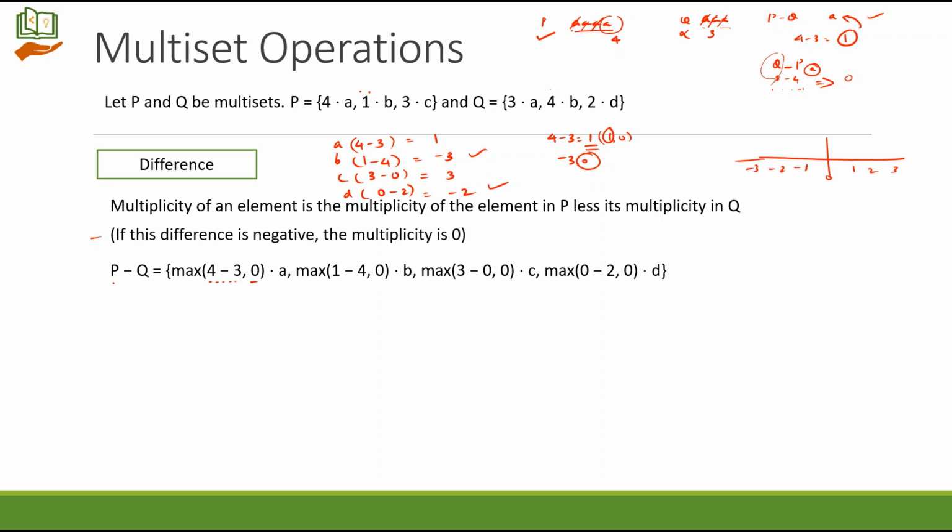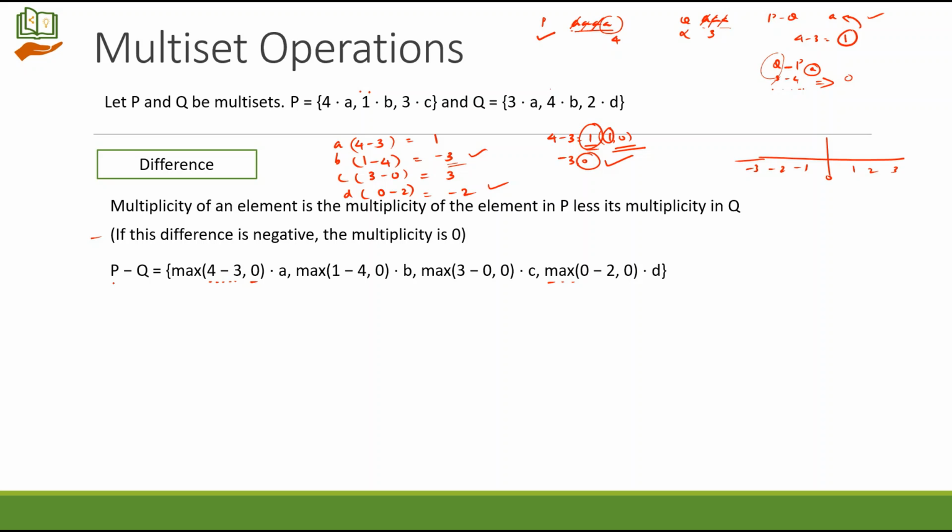So whenever you have negative numbers, 0 will be picked automatically when you use the maximum function. And whenever you have positive numbers, automatically that particular number will be picked as the maximum number. This is the use of presenting the maximum function in this difference operation. So you are presenting the maximum function to pick 0 whenever you have a negative number and to pick the positive number if the difference is positive.